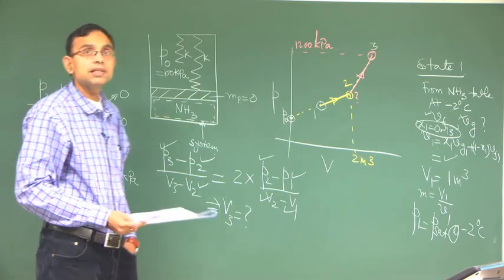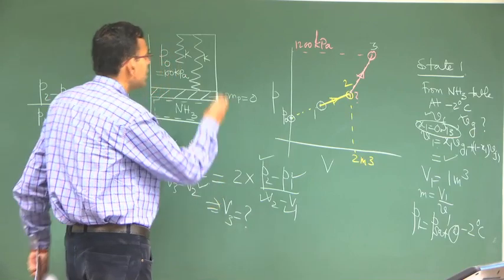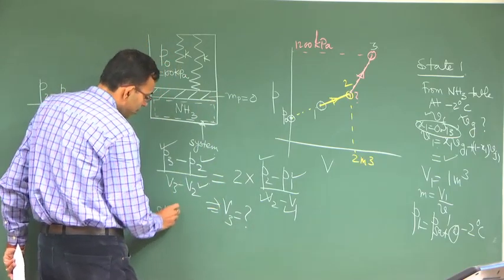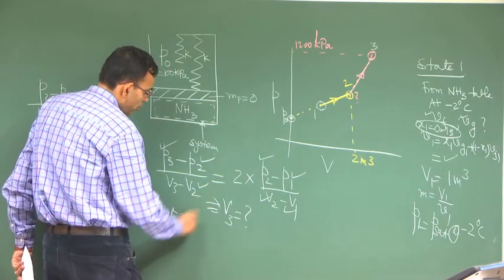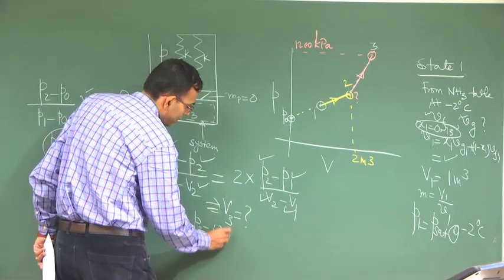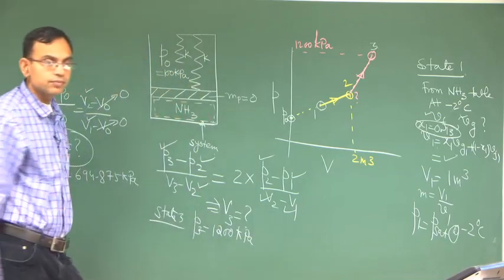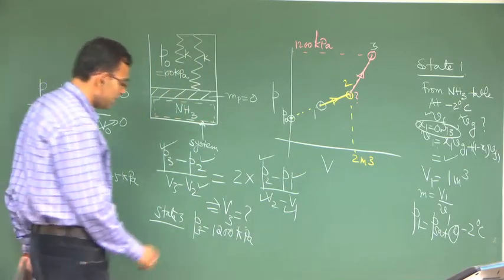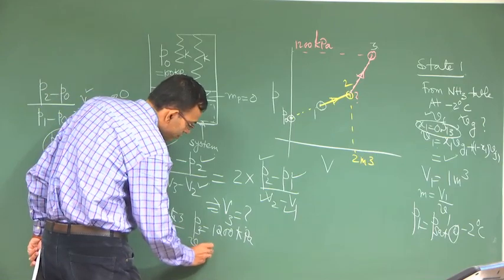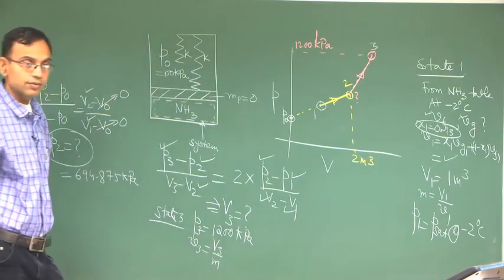So, then the question is what is the final temperature and the total work done. So, final temperature is what? Final temperature you have to identify state 3 from the table. So, one data point is given as P3 is equal to 1200 kilopascal. The other data point is V3 is equal to this one.